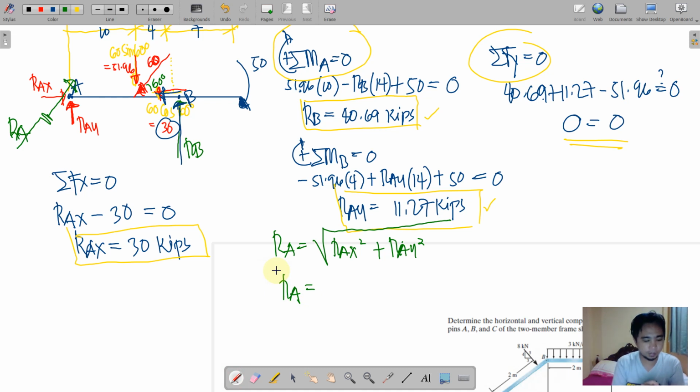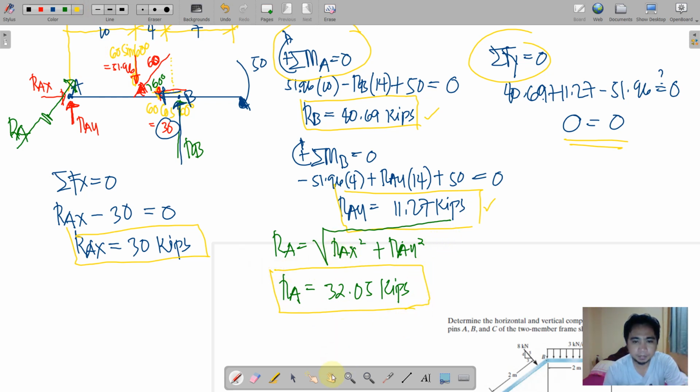So we have 30 squared plus 11.27 squared, then square root that, we have 32.05 kips. Okay, so that completes our support reactions.